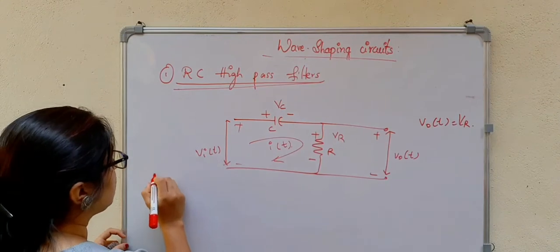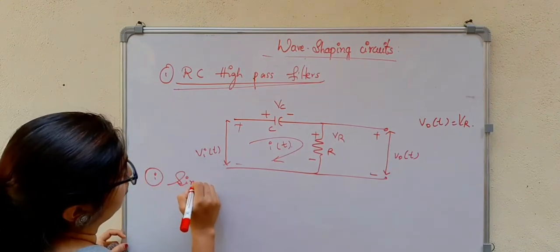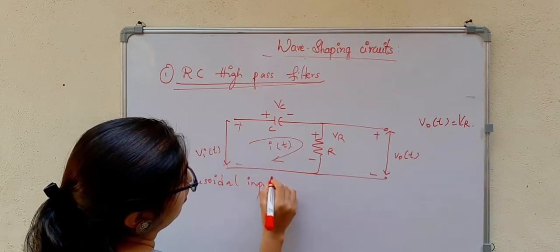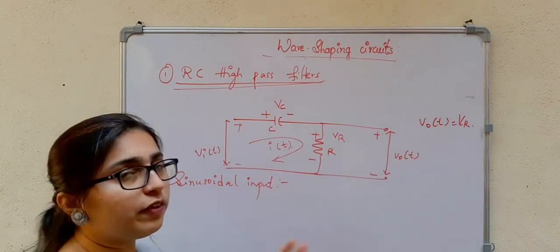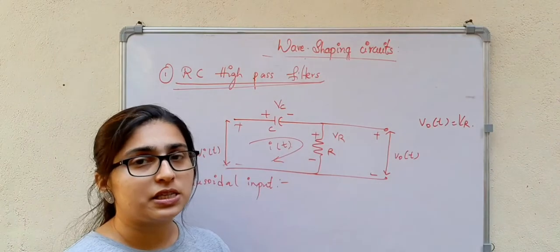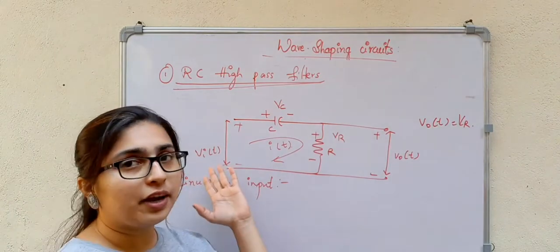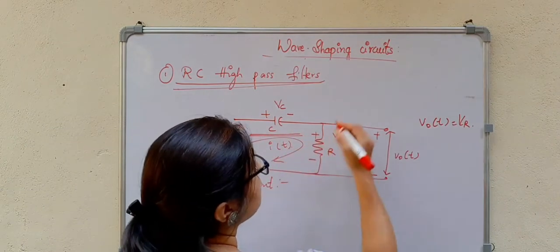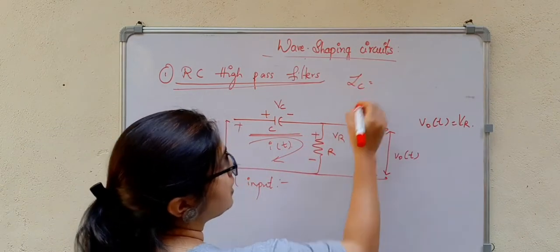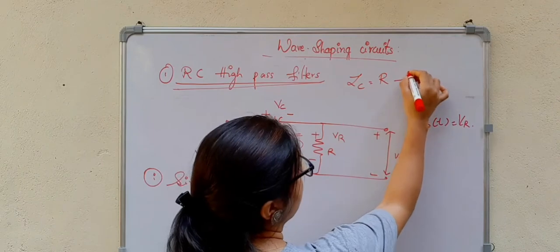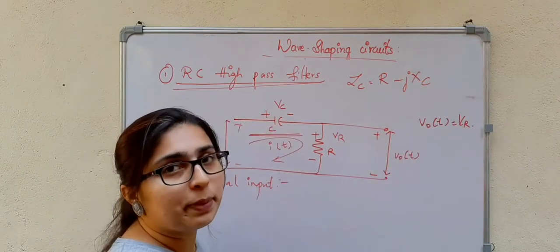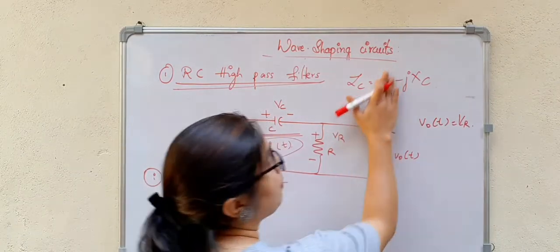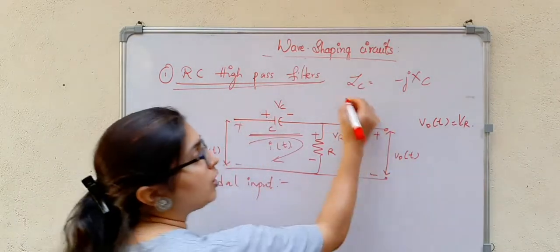Now we will consider a sinusoidal input. What will be the response of this RC high pass filter when applied with a sinusoidal input? You know that the impedance of the capacitor is R minus jXC, but for an ideal capacitor the resistance value is 0, so it is minus jXC. What is XC?